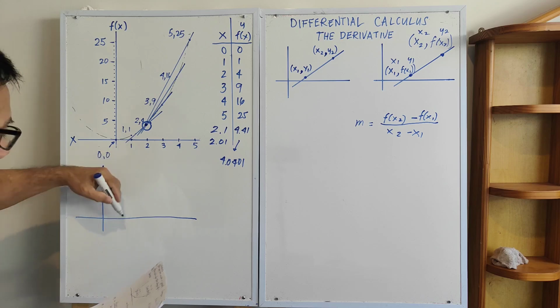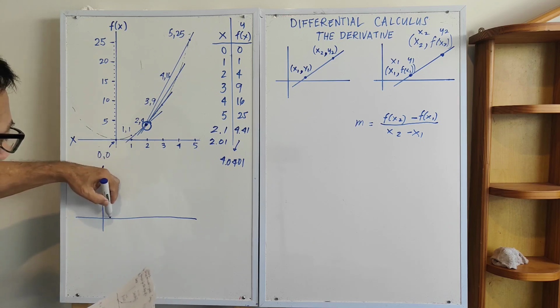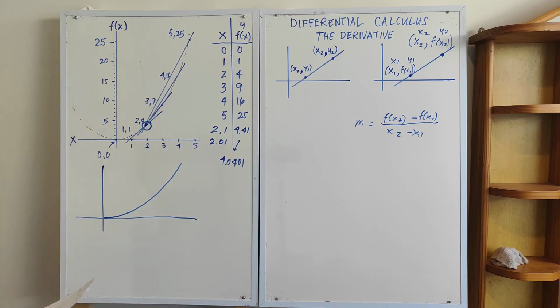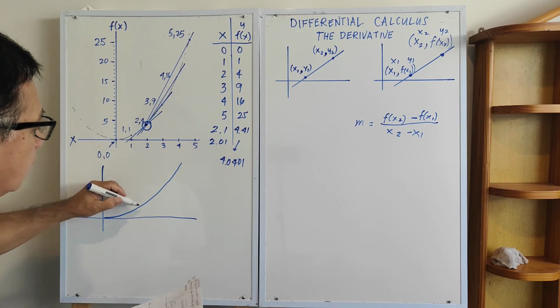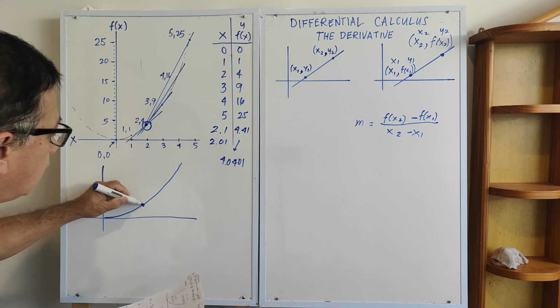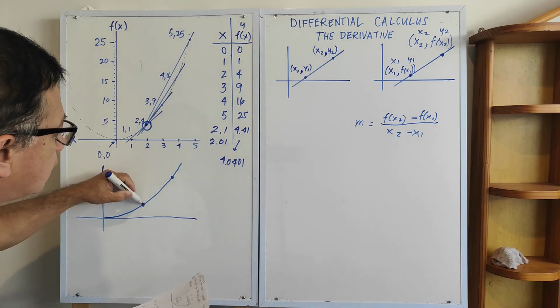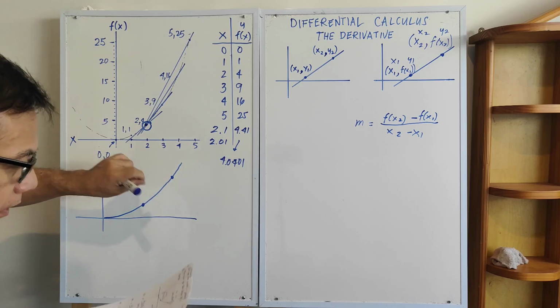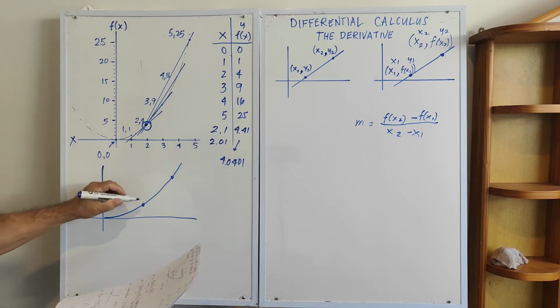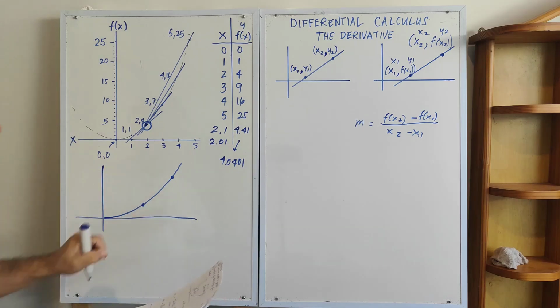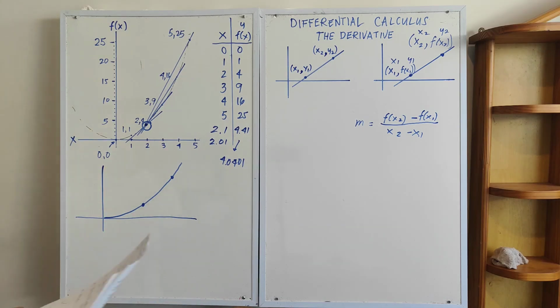Now this is your curve. For example, you have a point in here and another point in here. Let's say this distance is really small. Because I magnify this one, this is actually infinitesimally small.